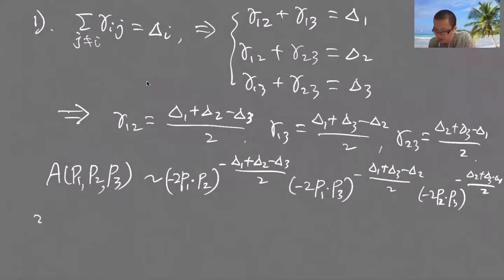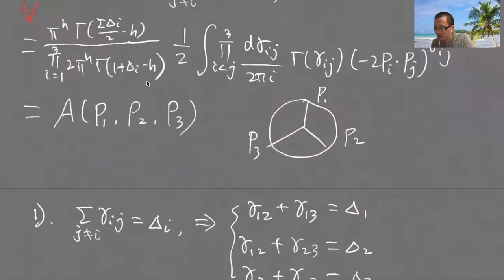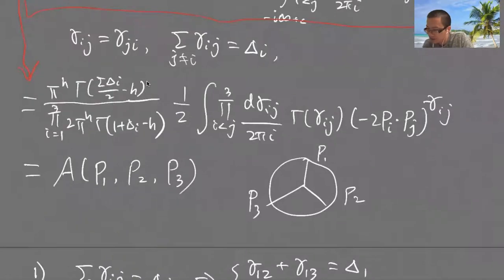The second comment. I said I stop here as the final result. The reason is that the final result is naturally in Mellin space. So this is precisely the inverse Mellin transform.